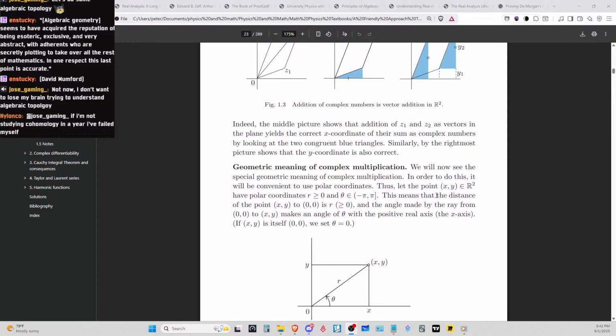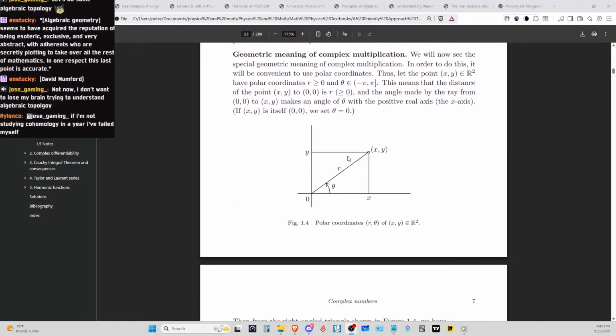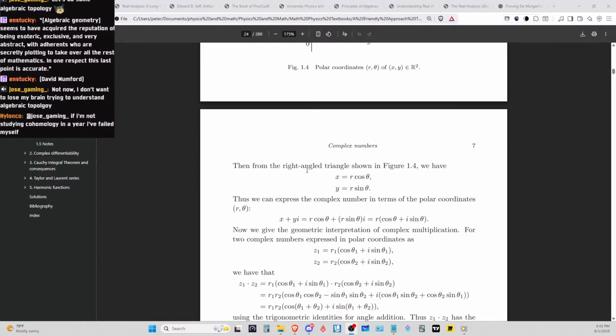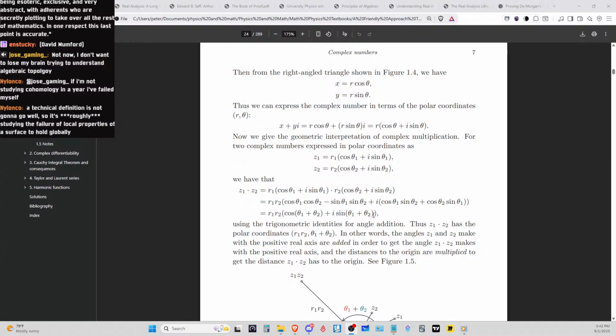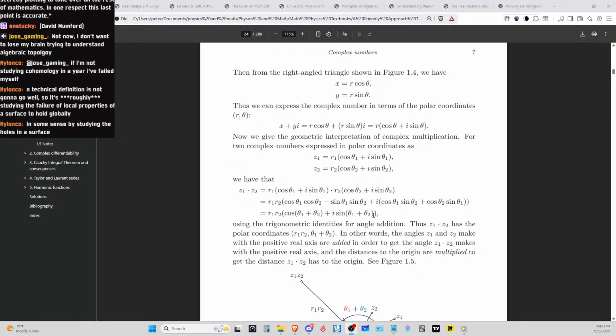Let's see, the geometric meaning of multiplication. Technical definition is not going to go well, so it's roughly studying the failure of local properties of a surface to hold globally, in some sense, by studying the holes in a surface. Okay, I see.